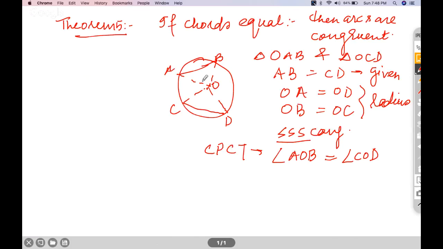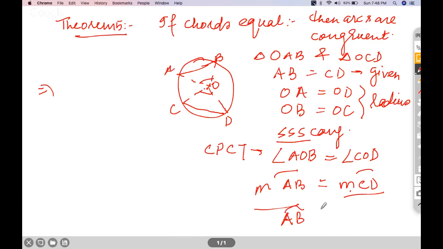And when these two angles are equal, I can write that minor arc AB is equal to minor arc CD. And once you write this, you can say that AB is congruent to CD.